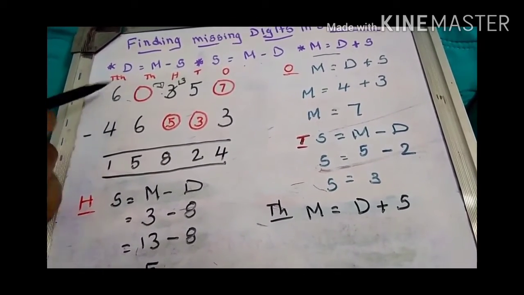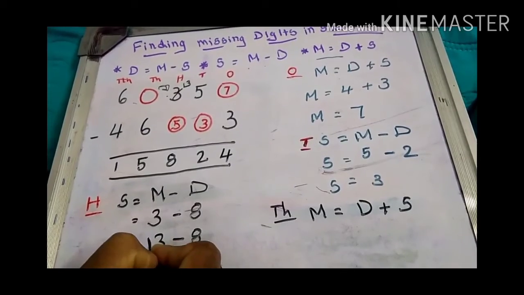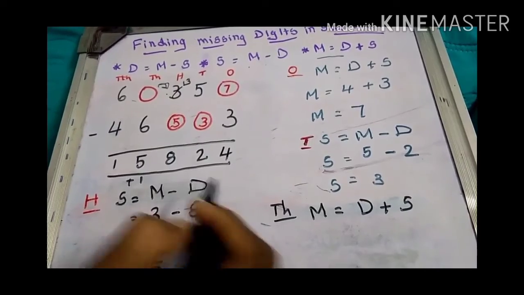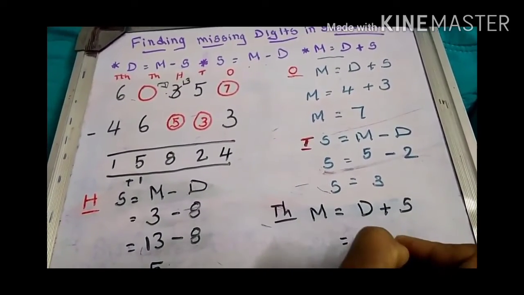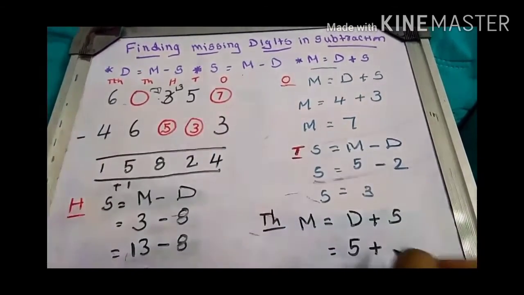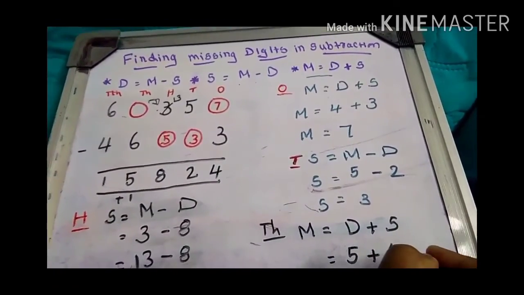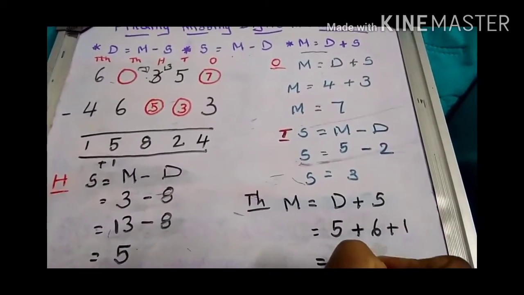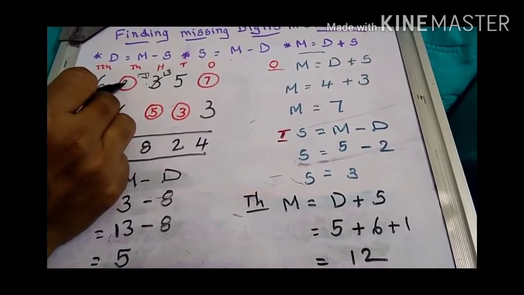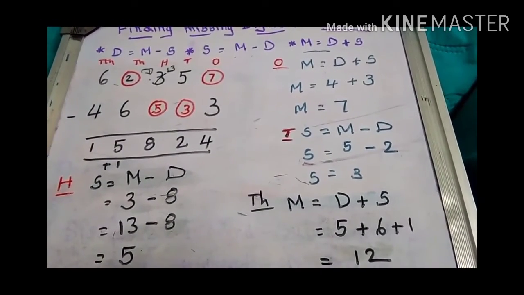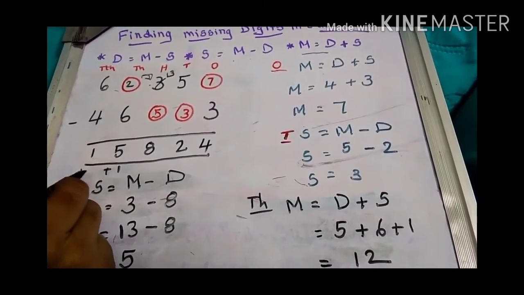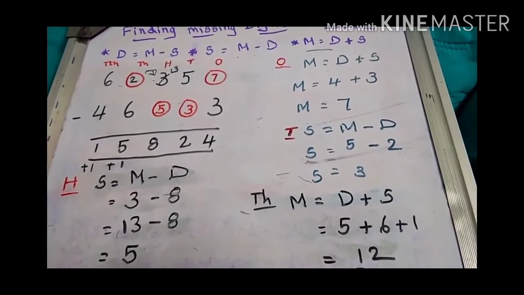You have already taken the borrow from that place, so the difference is 5. The difference plus subtrahend is the minuend: 5 plus 6 plus 1, that is 12. So now the answer is 12.